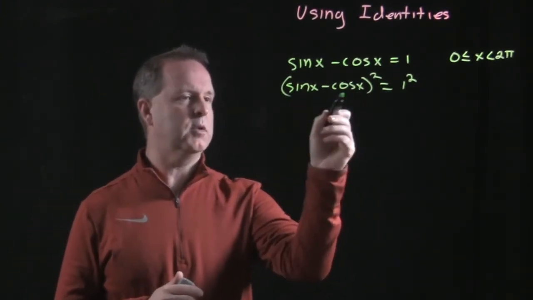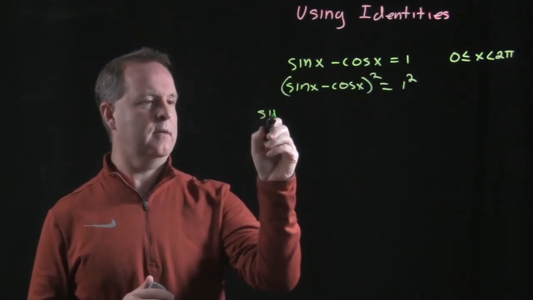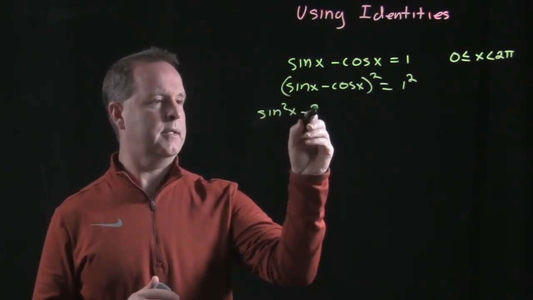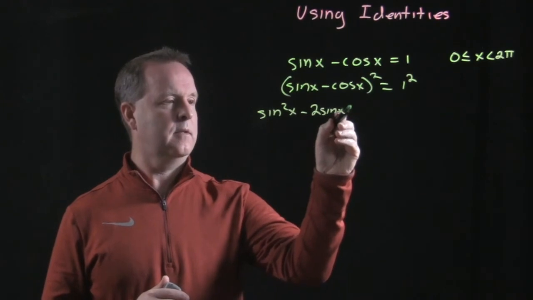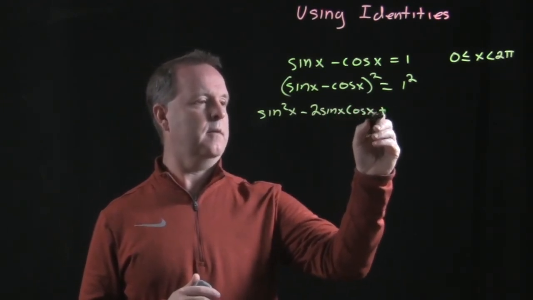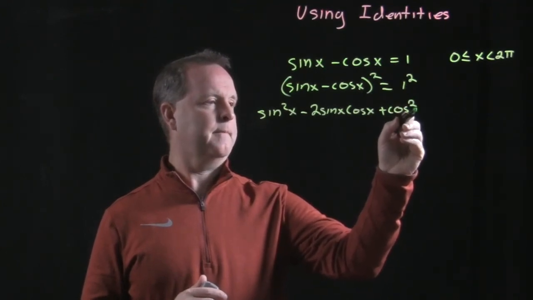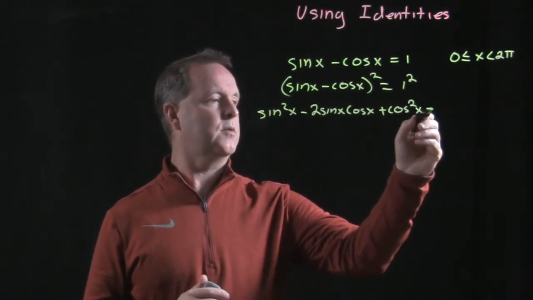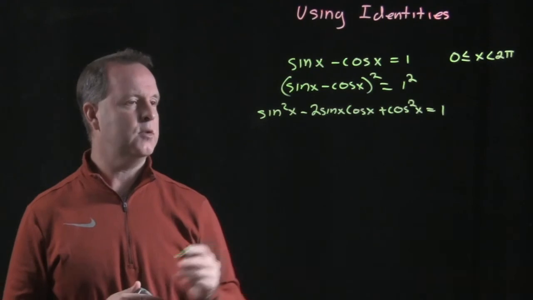So let's multiply that one out. That's sine squared x minus 2 sine x cosine x plus cosine squared x equals 1. Let's rearrange some terms.